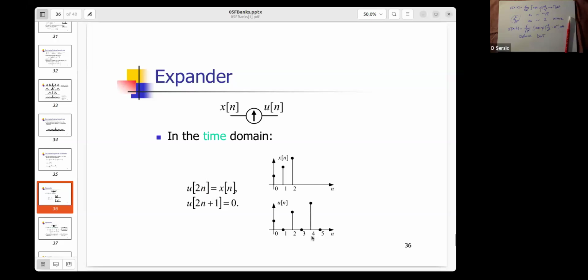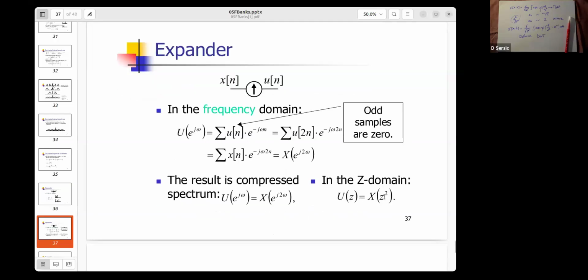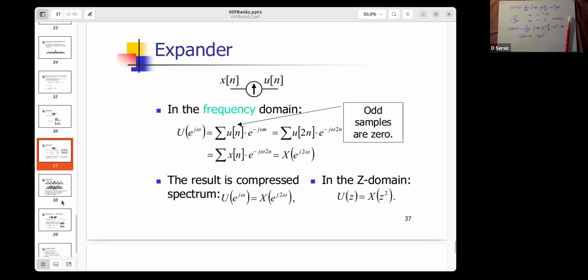So we expanded that, and that was the way to create U from V. In the frequency domain it is pretty trivial because the added samples are zero, so you can just put 2 omega in, and the result is a compressed spectrum. Notice that when we decimated the signal, we had an expanded spectrum, and now we have a compressed one. In the Z domain it is trivial: you have to put Z to the power of 2.